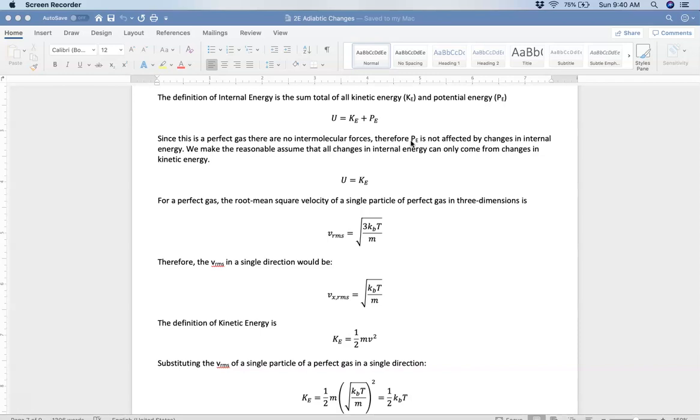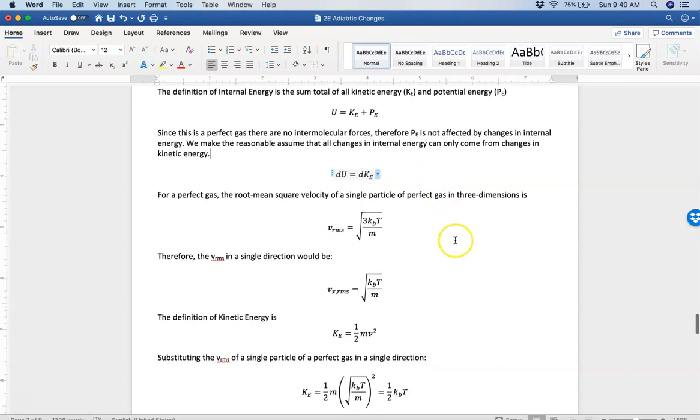The nice thing for us, though, is that we're going to assume that none of that changes, so potential energy just drops out of the equation entirely. We're going to make the reasonable assumption that all the changes in internal energy can only come from changes in kinetic energy. So to make this more correct, I should put our infinitesimals in to indicate there's been a change in internal energy and a change in kinetic energy.